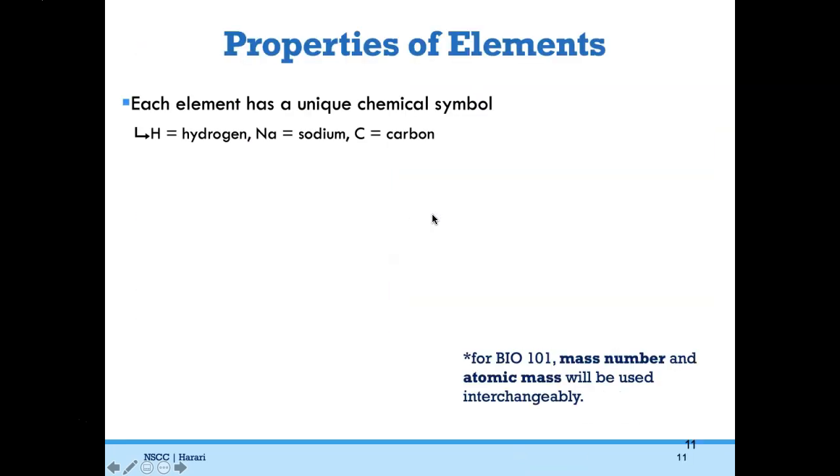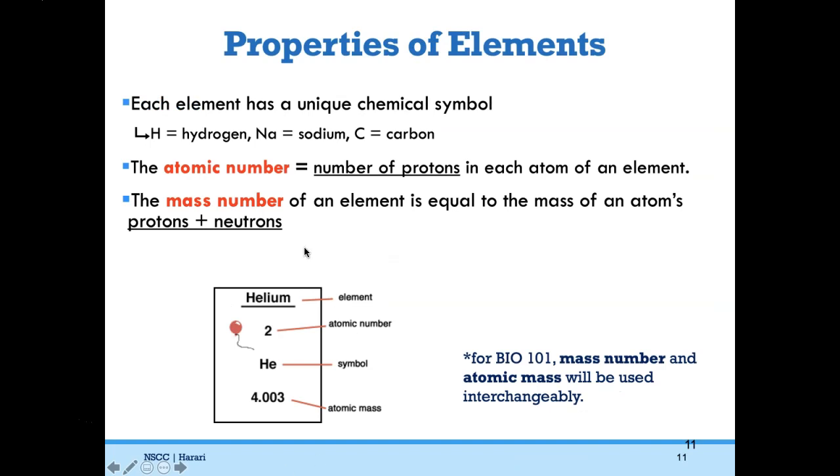So now looking back, we can look at this little card. Here's helium. The symbol is He. The atomic number is 2. So that means there are 2 protons in each atom of helium. The mass is 4. So how many neutrons does helium have? Right, you should say 2.